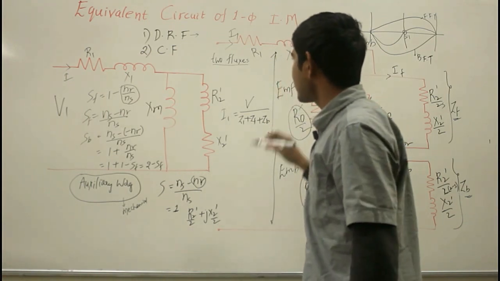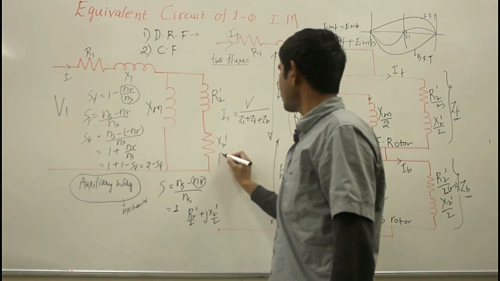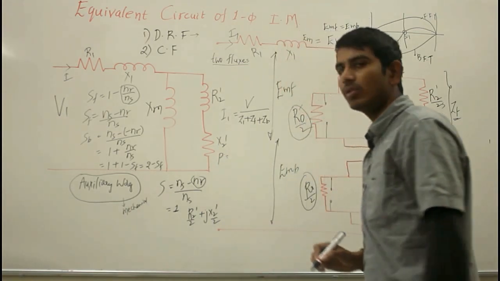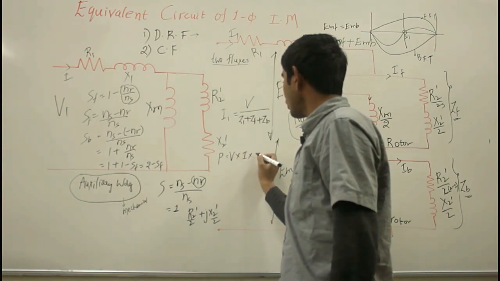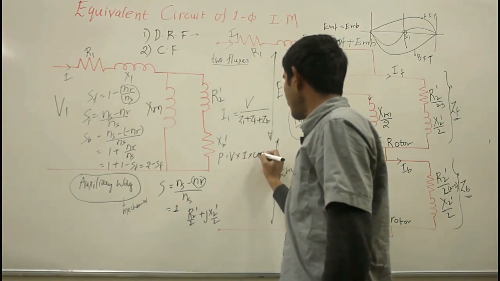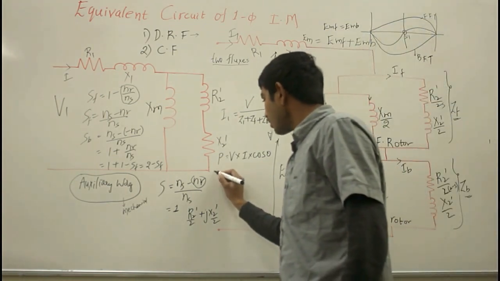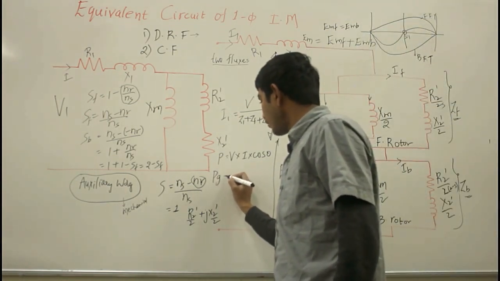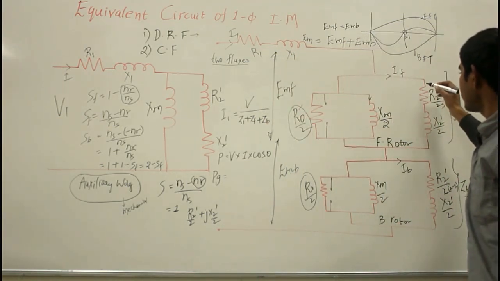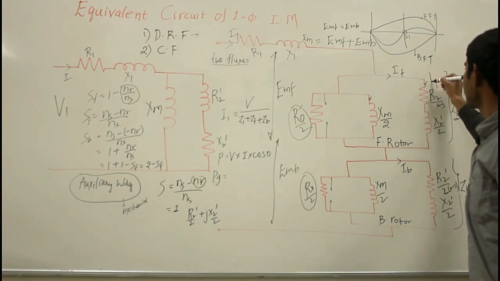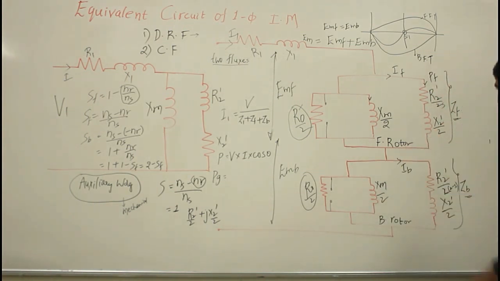Now to calculate the input power, P is equal to stator voltage V into stator current into cos theta, where theta is the angle between stator voltage and stator current. Now the power developed is given by the difference of the power dissipated in the resistors.